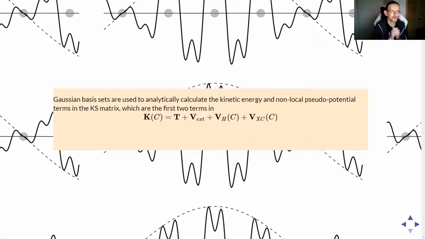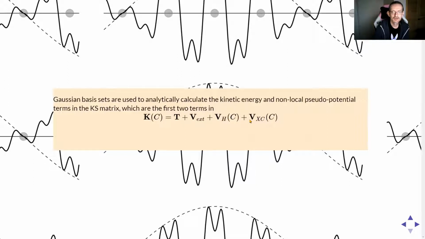So you can write down the matrix element between a pair of Gaussian functions for those elements. And because of the sparsity of the system, because the overlap drops off quite quickly, the number of these that need to be evaluated is linear in the system size.